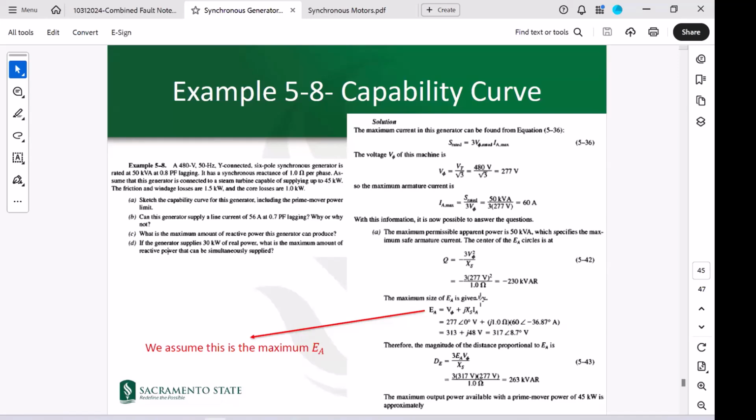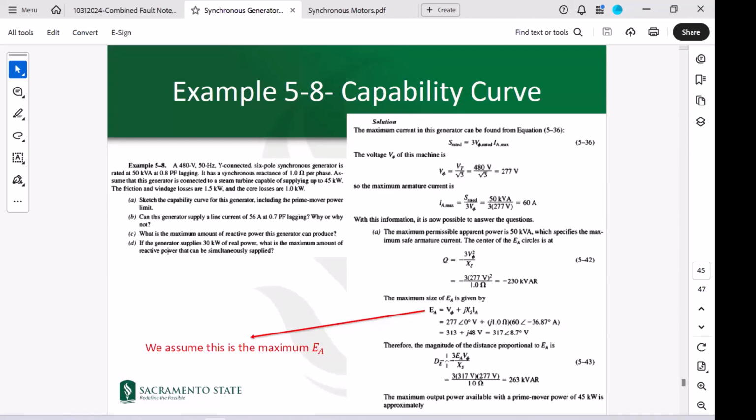The maximum size of EA is given by, so we find EA is V phi plus jXS IA. This IA would be your IA max. And we're working under what conditions? 0.8 power factor lagging. So this gives us the EA. We're going to assume that this EA is the maximum EA because it's been found from the rated conditions of your machine.